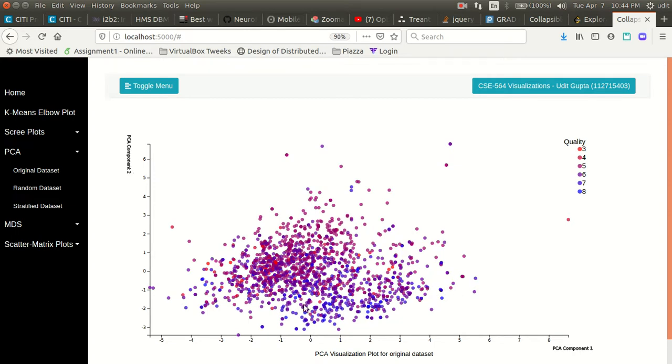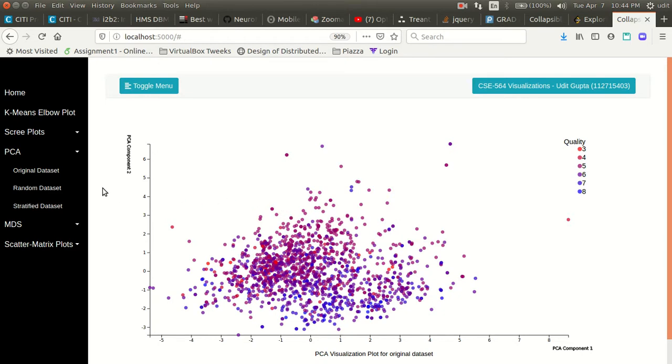The points here show clusters of different qualities. For example, wine points with 7 and 8 are shown here, and points with 3, 4, and 5 are forming a small cluster here.